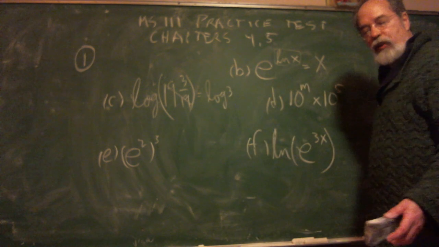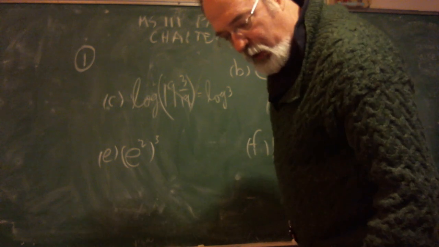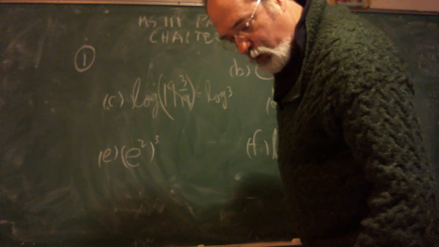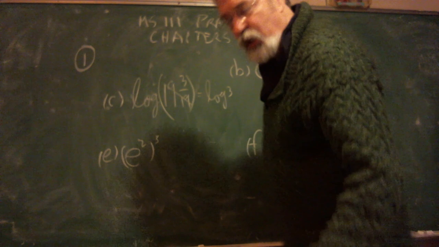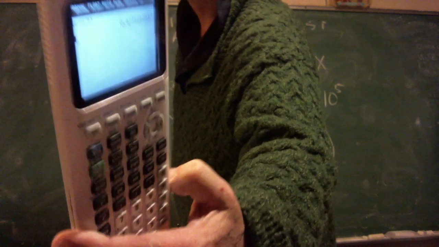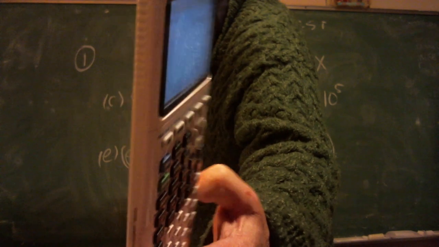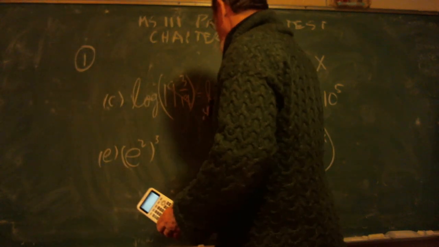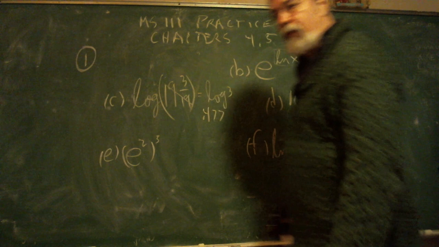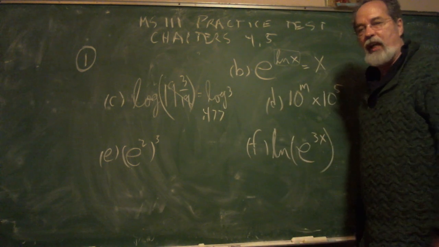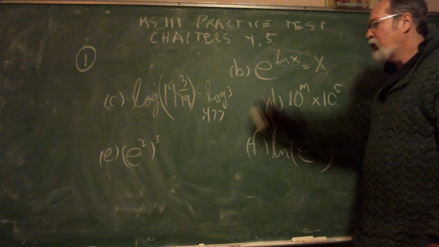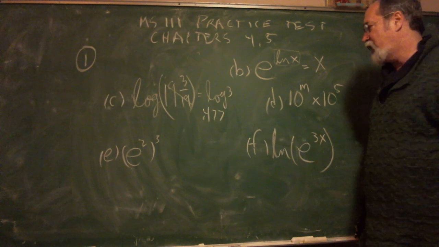Now, if you do that on your calculator, you can do log of 3 if you want to. And it's going to come out to be, let's see if I can get this to show for you, 0.477. I like log of 3. It's a full credit answer. So is the 0.477. Log of 3, you can have as many decimal places of accuracy as you want.